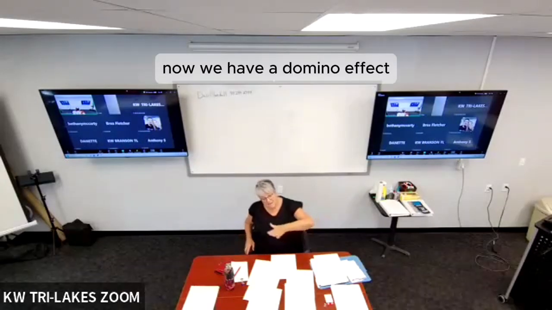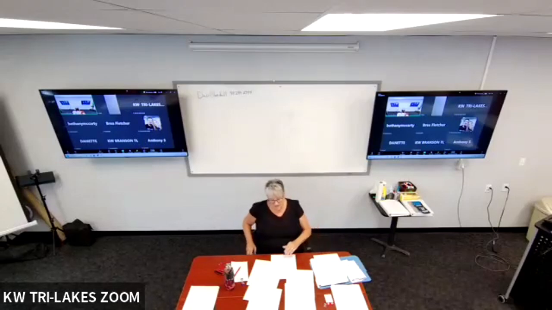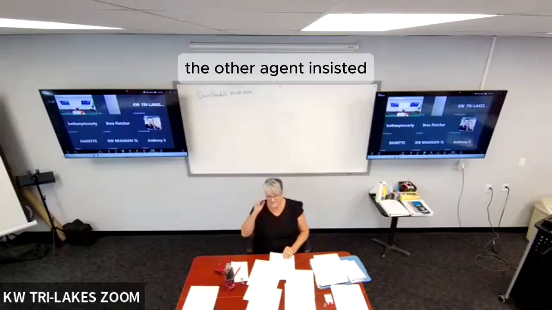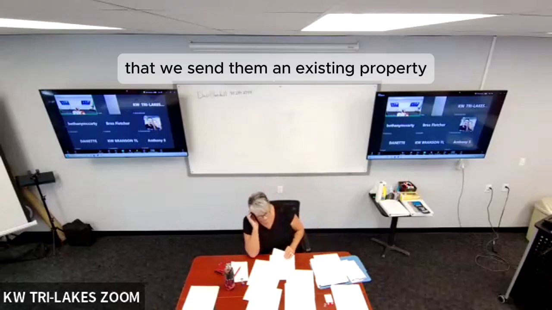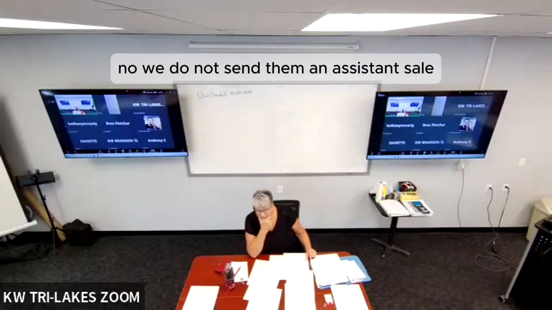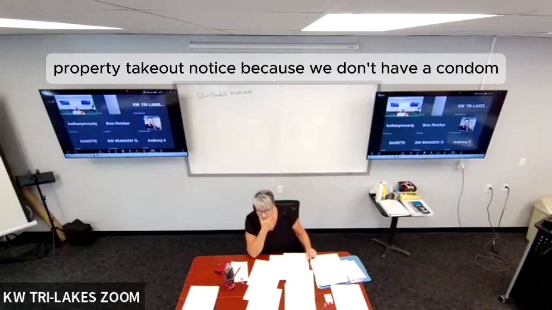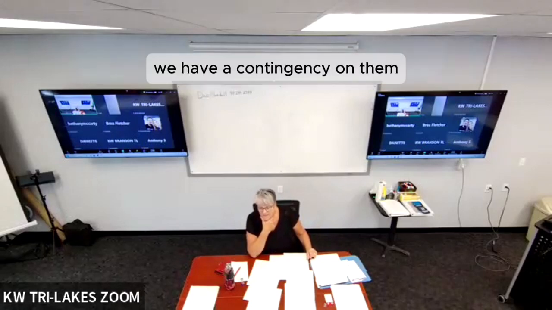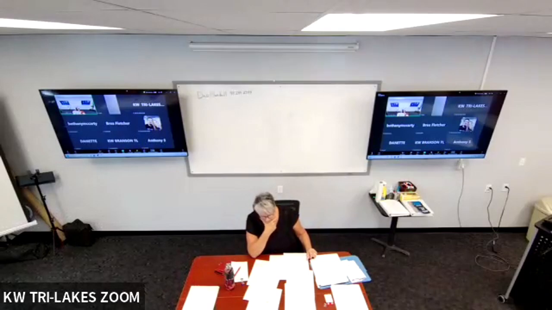So now we have a domino effect. The other agent insisted that we send them an existing property sale kickout notice. No, we do not send them an existing property sale kickout notice, because we don't have a contract. We have a contingency on it.